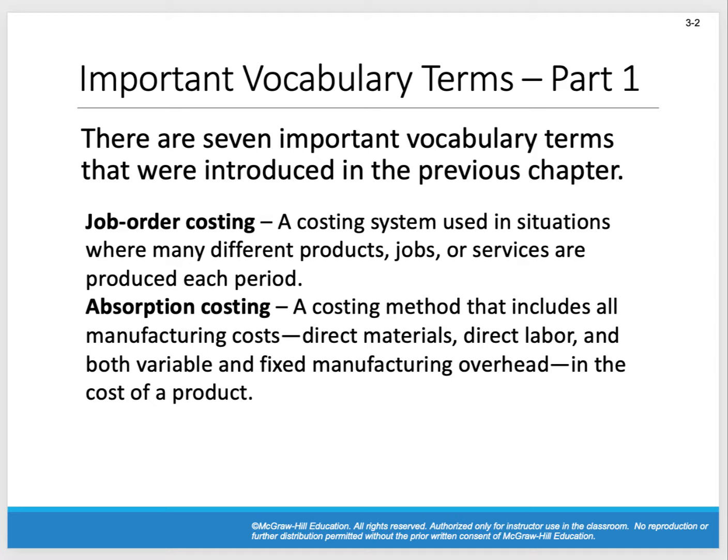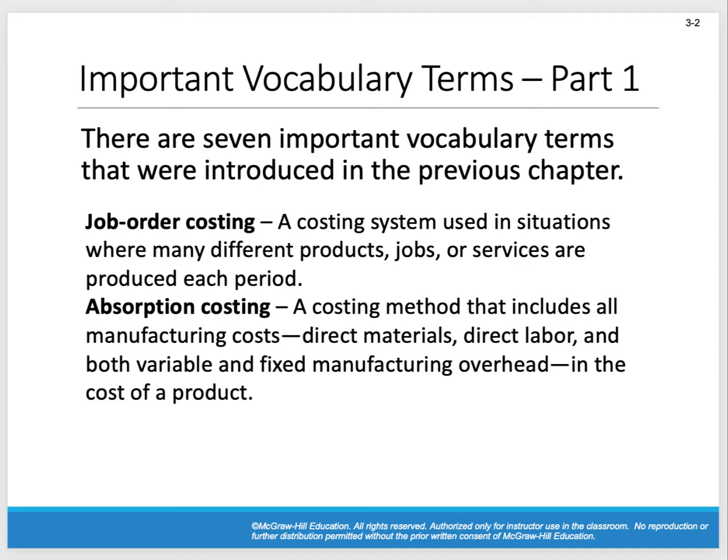Now, absorption costing. I'm hoping this is familiar because if you can remember back to financial accounting principles, absorption costing is a costing method, right? And it includes all the manufacturing costs, okay? Absorption costing is what we use for external reporting purposes, okay? So for right now, all you really need to know, which you should know, is job order costing because we talked about that in the last video. Absorption costing, again, another costing method, but this time it includes all the manufacturing costs.